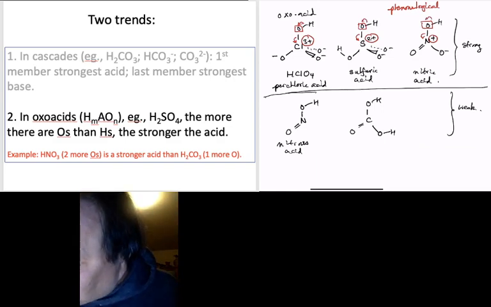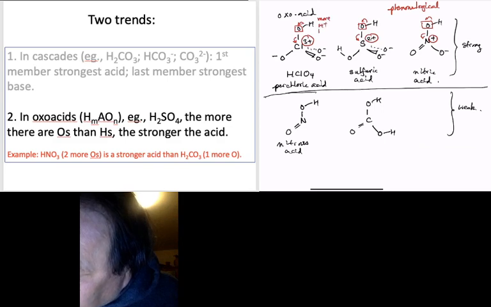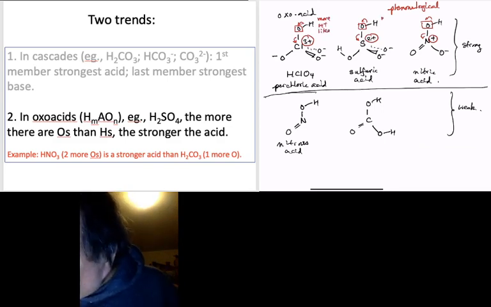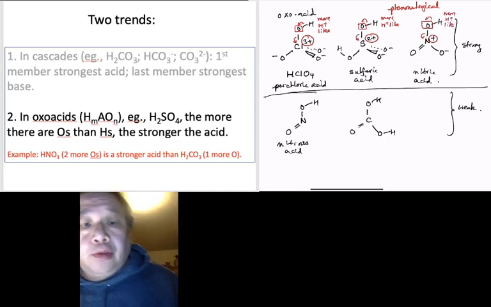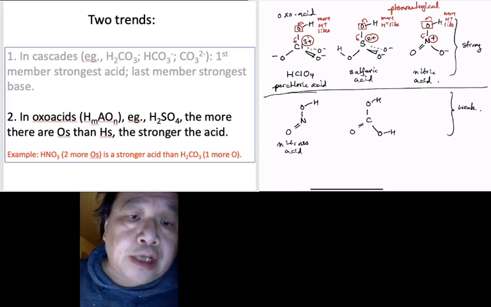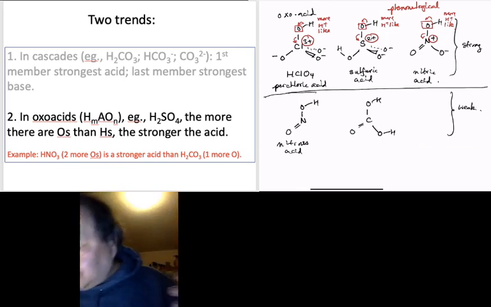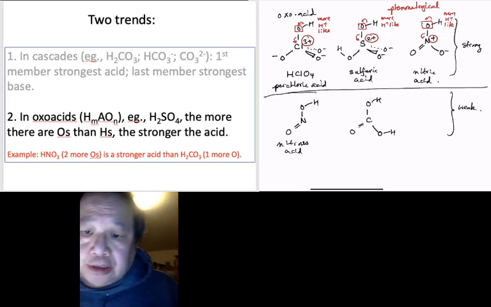And so then this is going to be more H plus like. And it turns out, if you look at a lot of facts, this turns out to be correct. The greater the center atom's plus charge, the stronger the acid is.